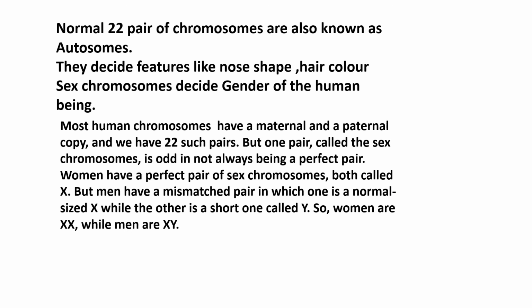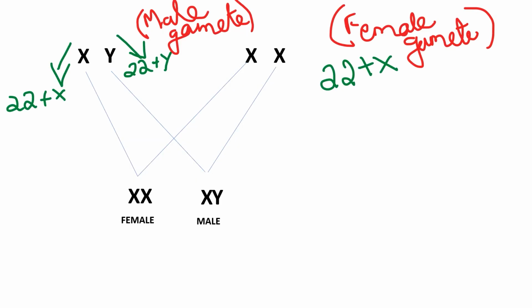Okay, now how do we determine whether it's going to be a male child or a female child, right? The male will have XY, the female will have XX. The male gamete is X or Y and the female gamete is X. When the X of the male fuses with the X of the female, a female child is born. When the Y fuses with X, a male child is born.